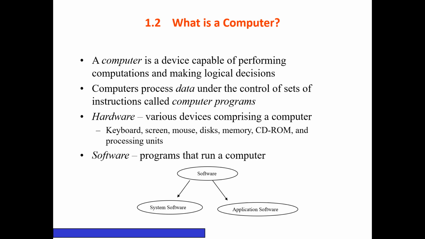A computer is a device capable of performing computations and making logical decisions. This is true of smartphones also, because present-day smartphones work like a computer, on the basis of a Linux-based operating system.